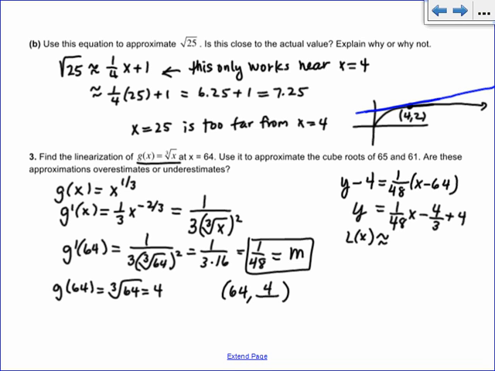So our linear approximation is 1 over 48 x, and negative 4 over 3 plus 12 over 3 is 8 over 3. If I want to find the cube root of 65, I just plug in 65 in there. It's a little bit harder to do without a calculator, so I'll let you use it. So 65 over 48 plus 8 over 3.